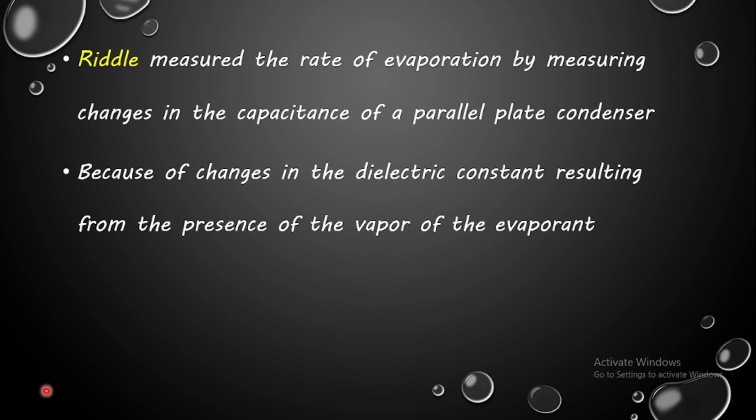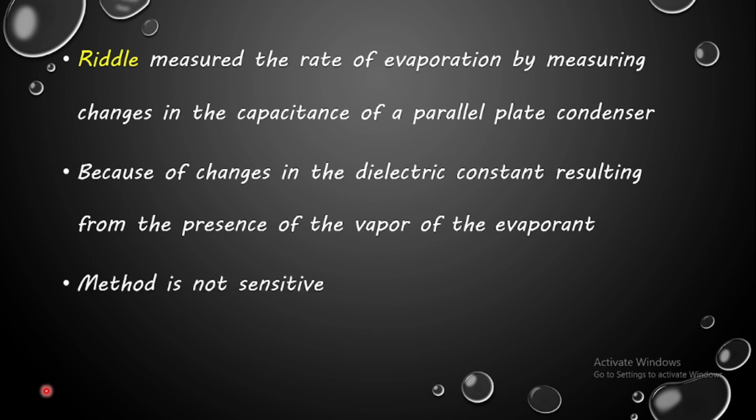And the dielectric constant we can easily find out using the capacitance, that is epsilon r is given as C by C naught, that is the capacitance with respect to the medium to the capacitance in vacuum or air. That's why it was clear that capacitance is related to the thickness, and if the capacitance is measured, the dielectric constant is calculated, using which we can easily find out the thickness of a given dielectric material or any thin film.